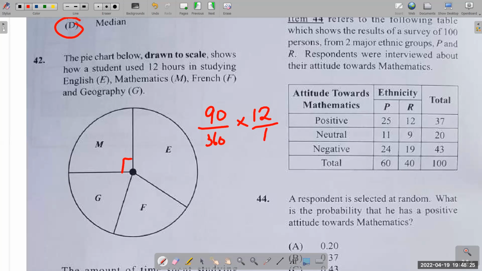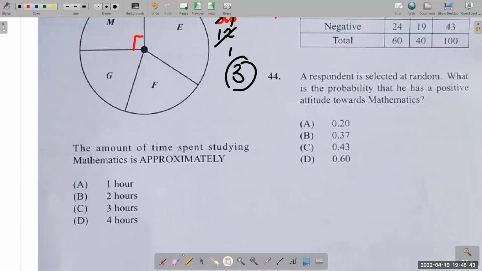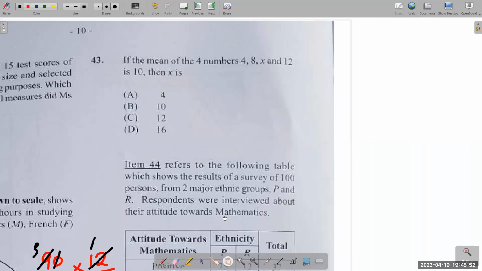So 0, 0 cancel. One number could go into 3 and 6. 36. 3. So 3 times 3 can go into this 12 times. You realize how this works? Everybody see how easy this cancellation is? So about 3 persons. Or 3 hours, sorry. Okay. Let's keep it moving.